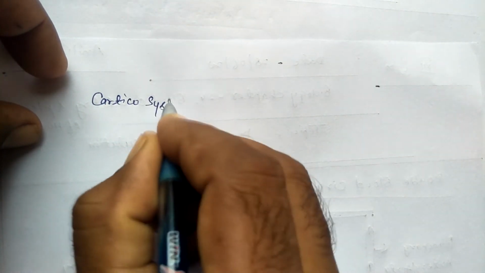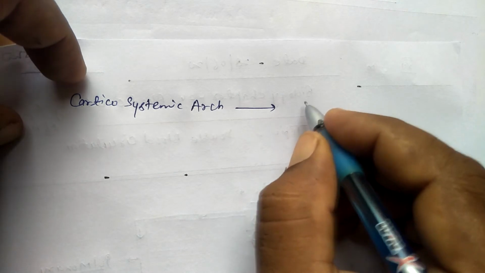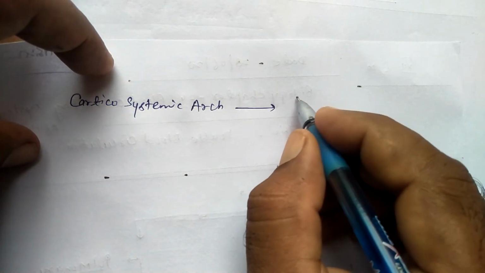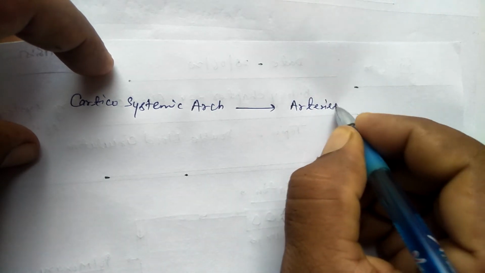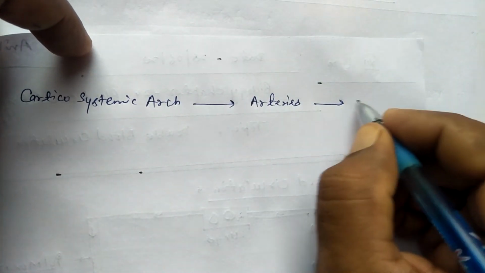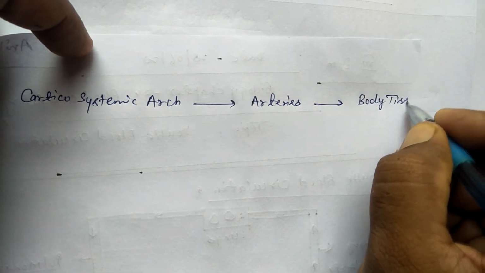First is the systemic arch. Second, arteries carry blood to body tissues.